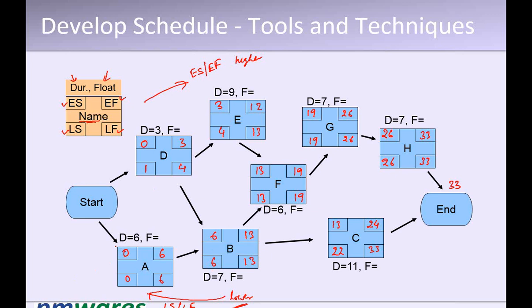Let's calculate the float. Float on A is, but how do we calculate float? Float is either LF minus EF or LS minus ES. So LF minus EF is 0.